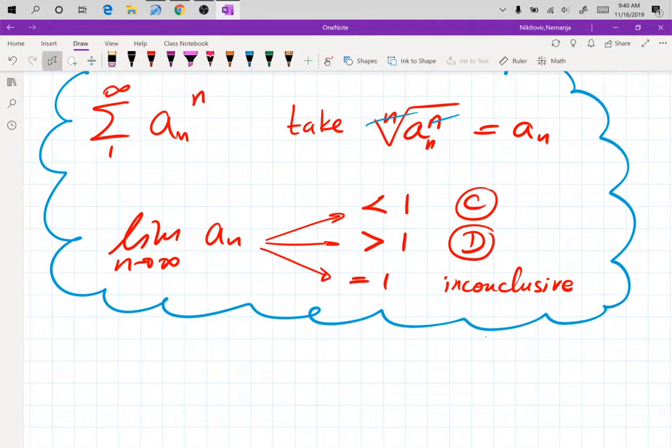Now, the simplest examples obviously are the ones that you can solve using other methods. You already know the answer to this. What is the answer here?